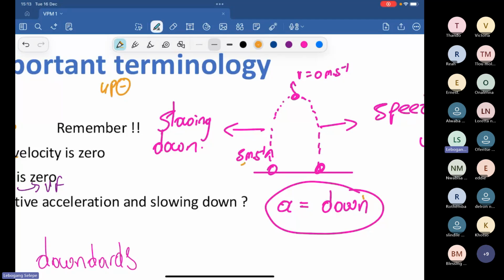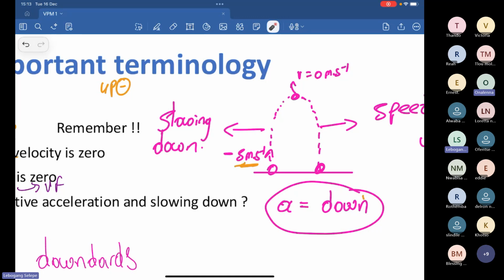So this 5 meters per second is negative. But to tell whether this object is slowing down or speeding up as it moves from here to here, I don't need to look at the sign of this -5. I need to look at the magnitude. It moved from a magnitude of 5 to a magnitude of 0, which means that it's slowing down.